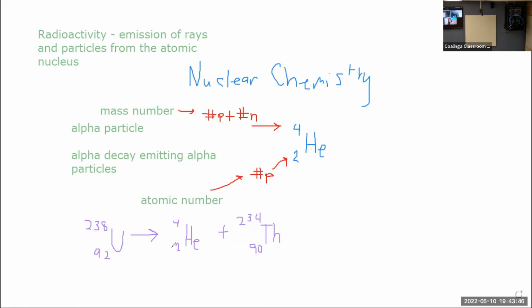Two protons are being released with the helium, and 90 protons remain. That's how we know it's thorium that remains, because on the periodic table 90 is Th.